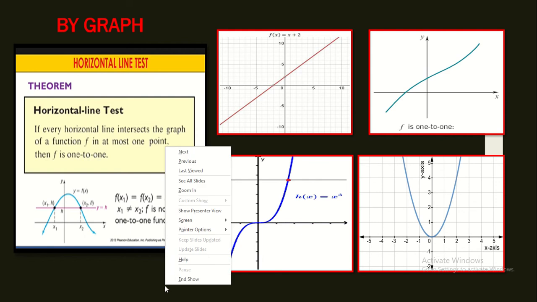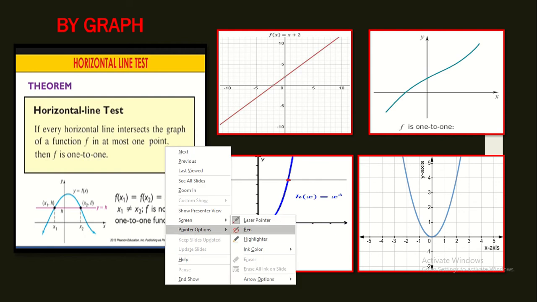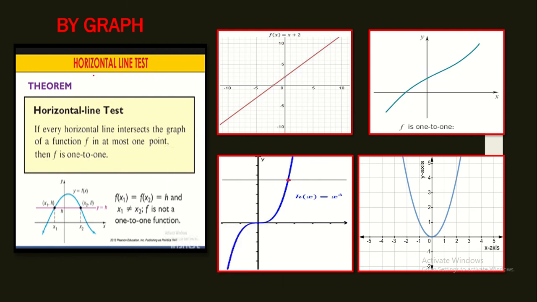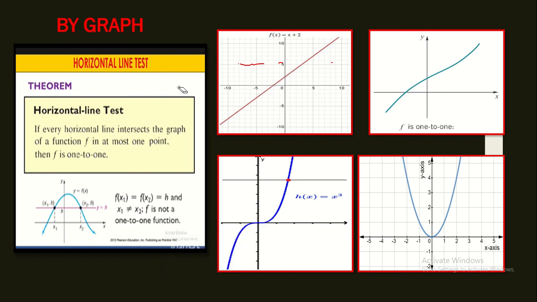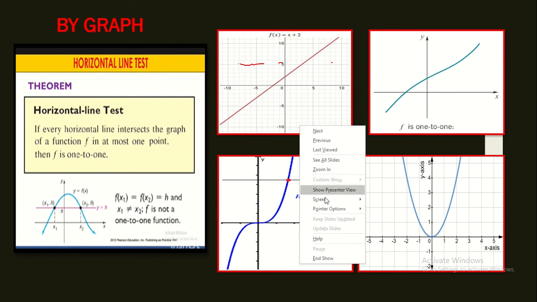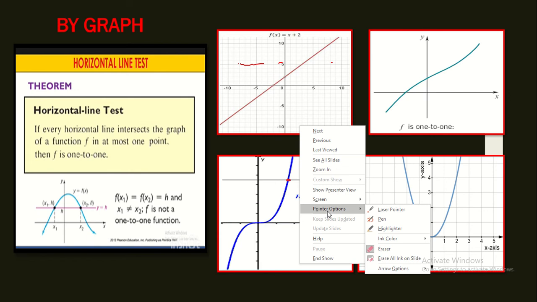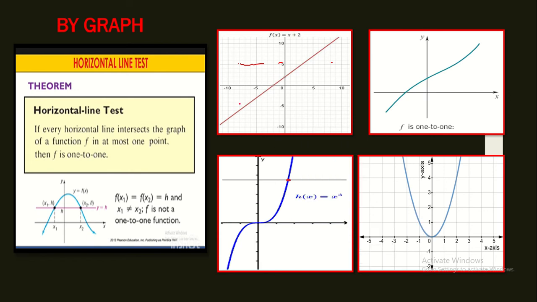Kung gagawa ako ng line, ng horizontal line, kasi horizontal line test, sabi niya, eto. Okay? Kung guguhit ako dyan ng line, tinatawag natin na horizontal line test. Isang beses lang tumama yung point.